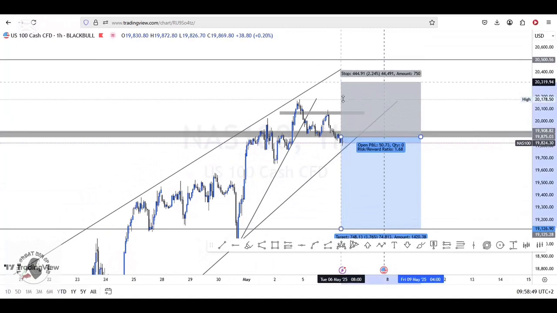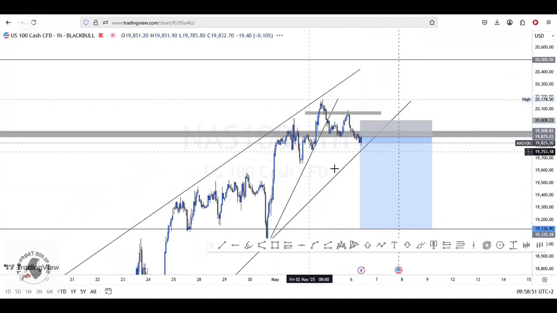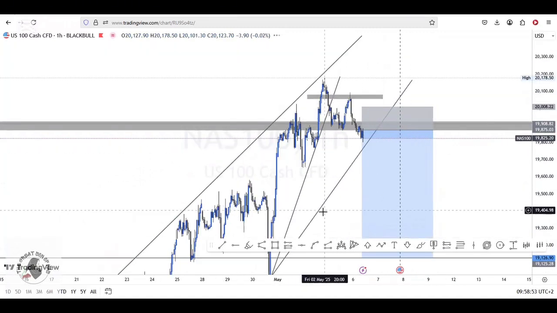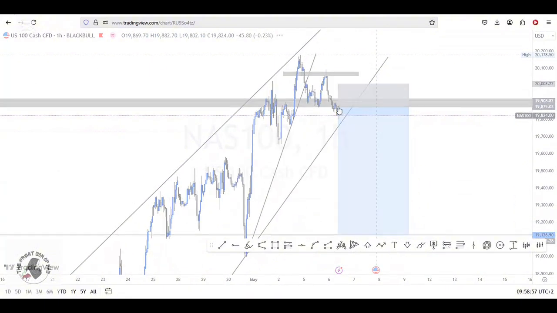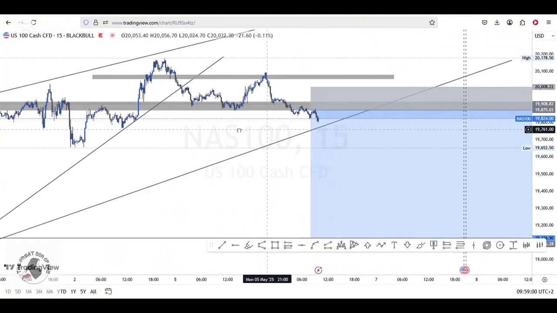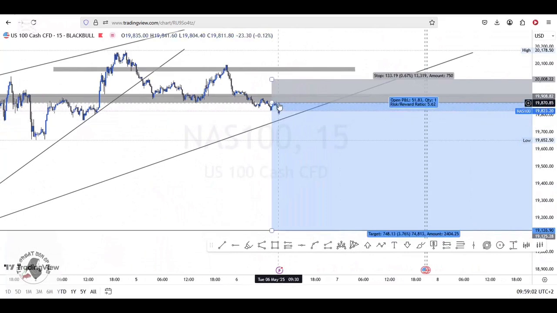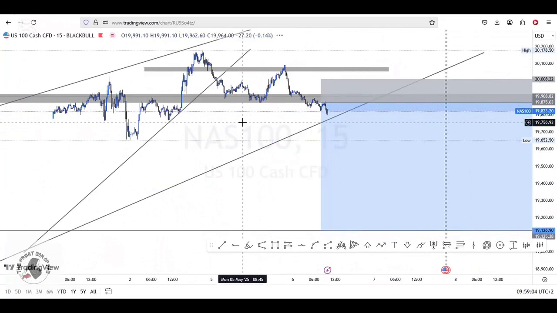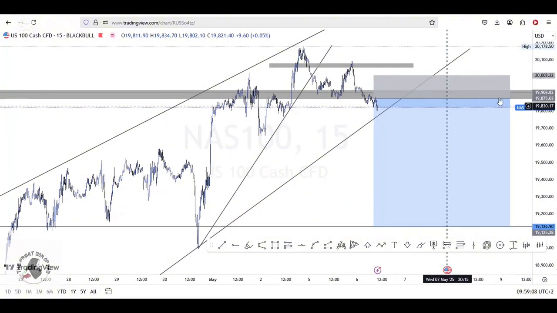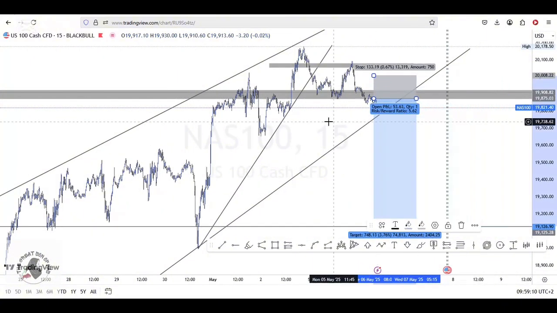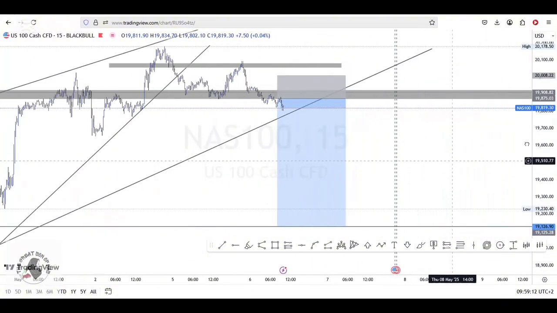So on Nasdaq we're looking for more selling opportunities. Let me switch to 15 minutes so I can see whether there's a pullback. Okay, I feel like the market has given us a pullback here. The reason why I start selling now is because of that zone. It keeps on failing to pass that zone. So for now we can just say we're looking for more selling opportunities because the market is below that certain zone.